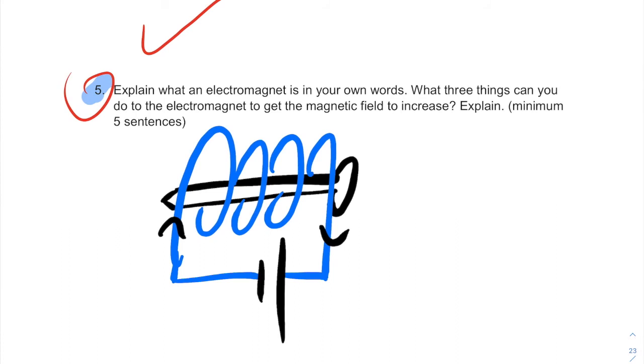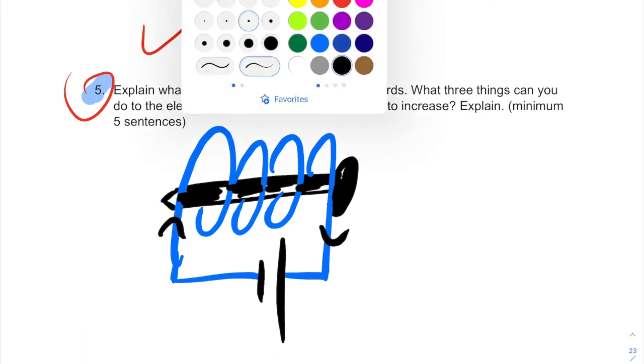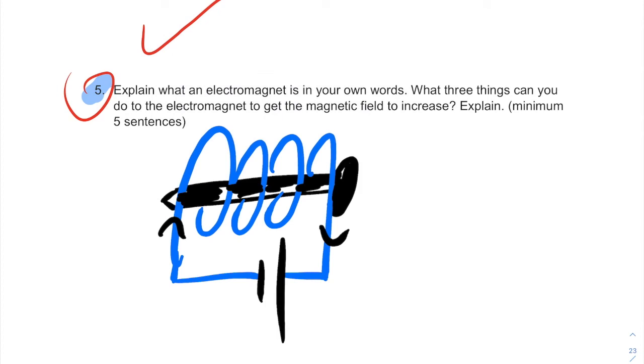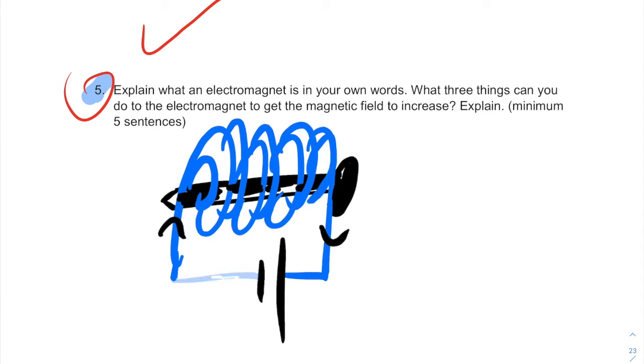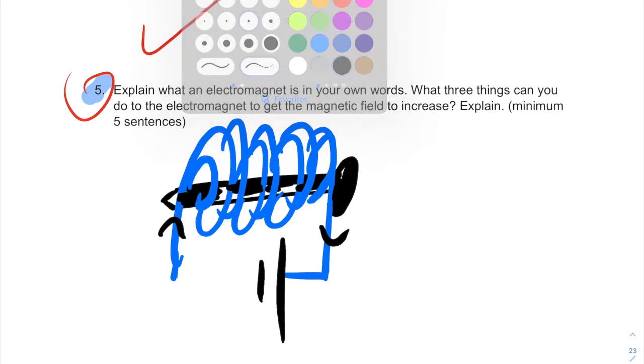You can make this magnetic field stronger by, first of all, adding iron to the core, like so, putting more nails inside there. You can add loops of wire to that core. So if this electromagnet had more loops of wire, that magnetic field is going to get stronger. And we could also add another battery.